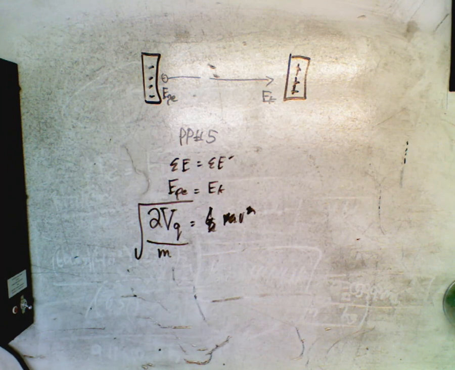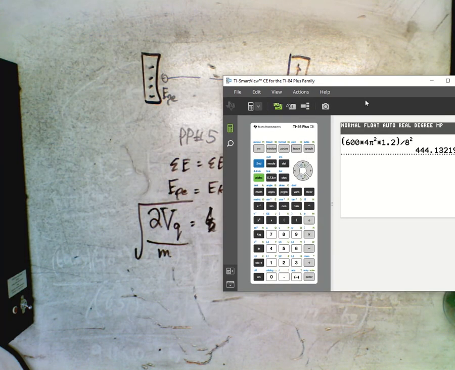I'll just plug it into the calculator to save a little bit of time. They give us our voltage, and they say they're electrons, so we know the charge of it. Thompson did not, but we do know the charge of it. So it's going to be 2 times our voltage times our charge, divided by the mass of the electron, which is 9.11 times 10 to the negative 31 on the bottom.